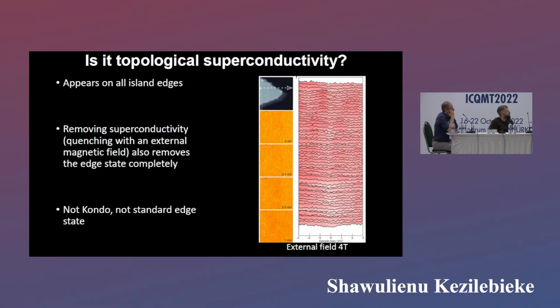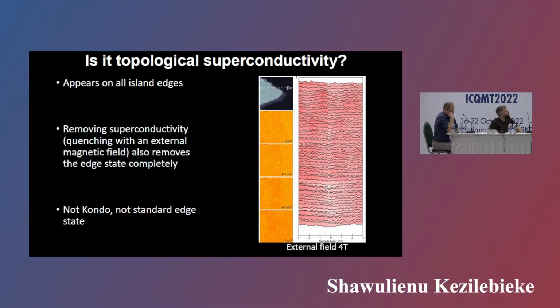Next slide, please. In order to say something about whether this is related to a topological superconductor, the first thing we need to check is whether this state is related, at least, to the superconductivity of the sample.